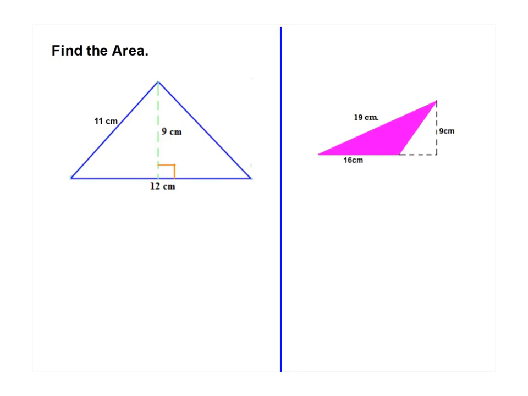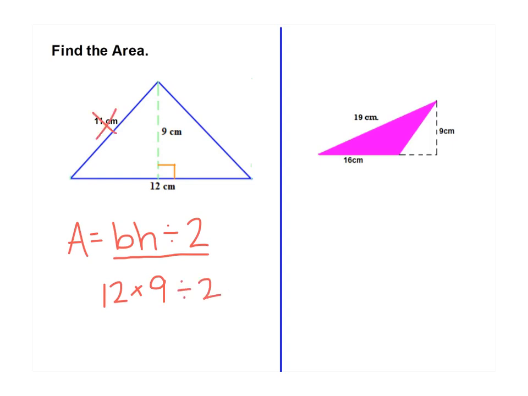So for the first one, okay, again, I like to write that formula first just to help me remember what I need to do. It's like this algebraic expression, and then we're going to replace the variables with the numbers from the picture. So the base of this triangle is 12. The height of the triangle is 9 because it's perpendicular to the base, and then I have to divide by 2.